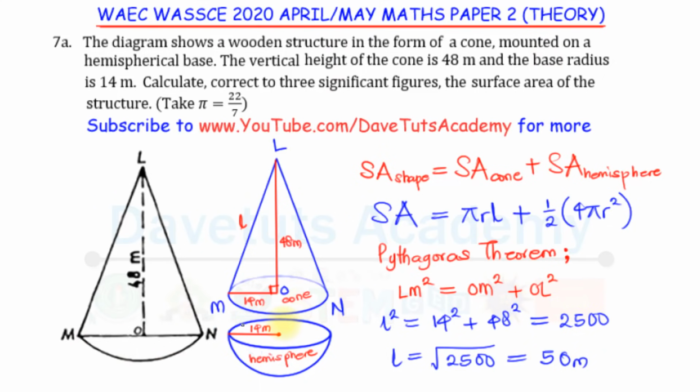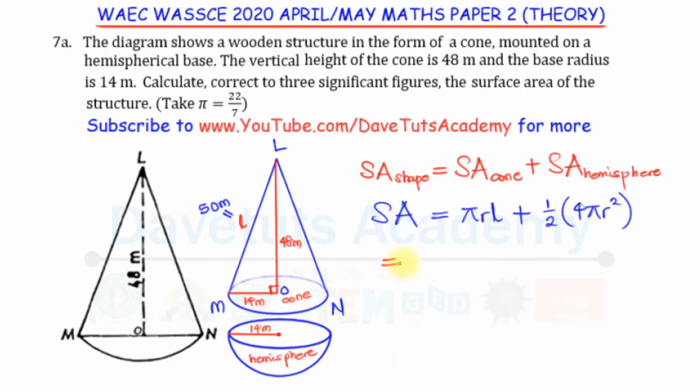We can append here that L is 50 meters, from the fact that we employed the Pythagoras theorem to solve for it. Can I use the value of that slant height L to compute the surface area of this particular shape?